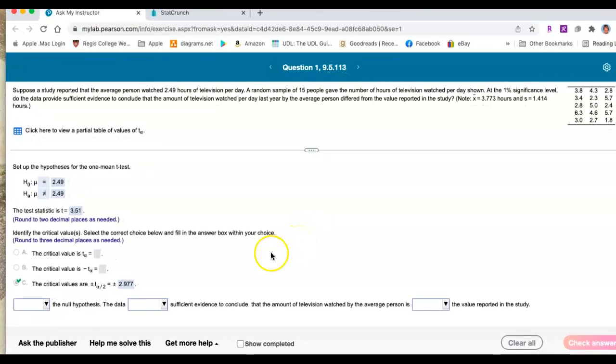So now I need to compare my critical T to my test statistic. This is much like the Z value.